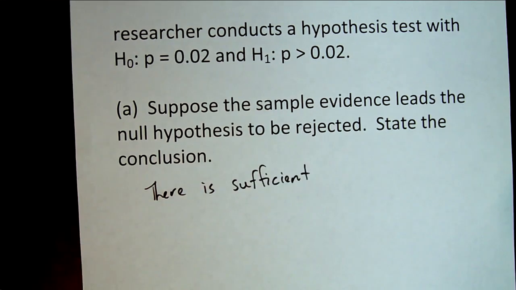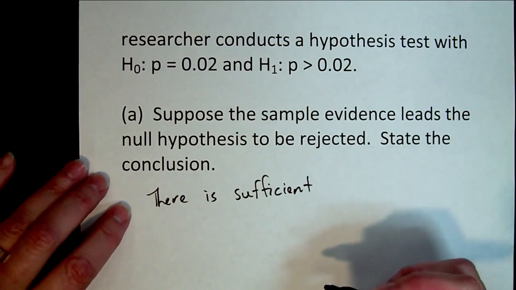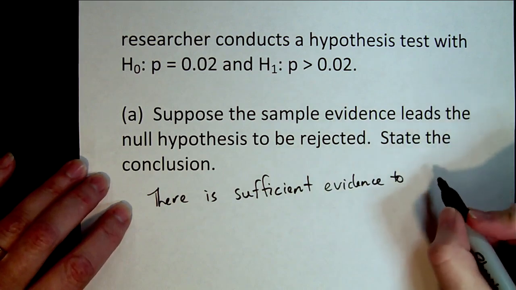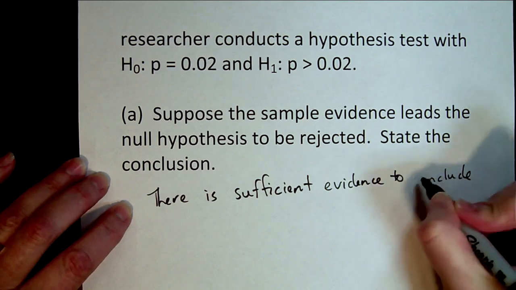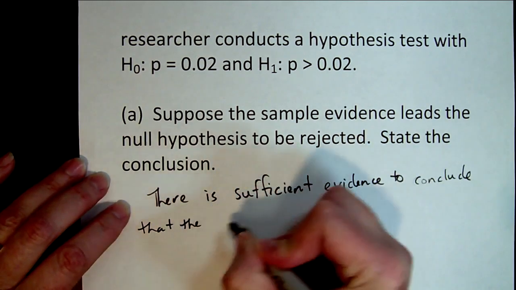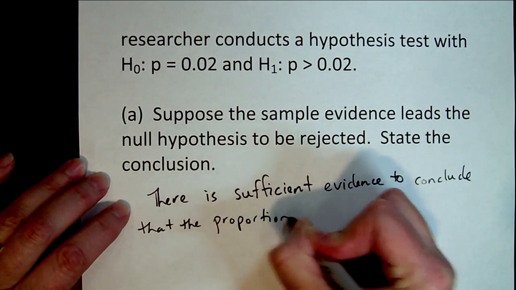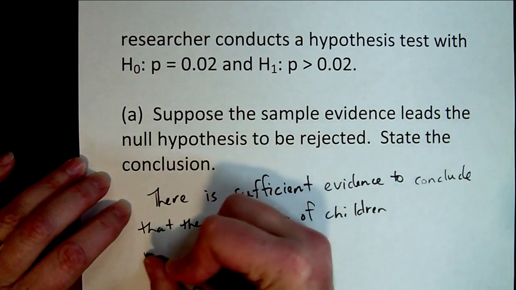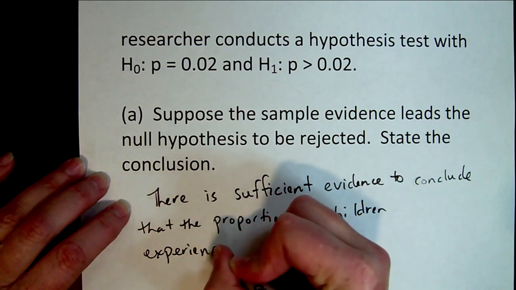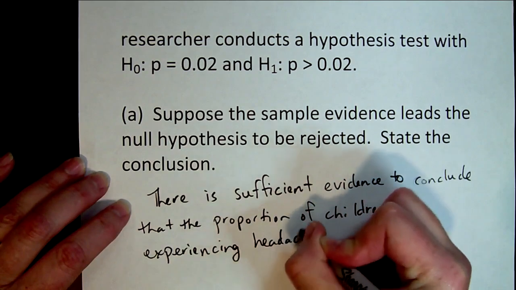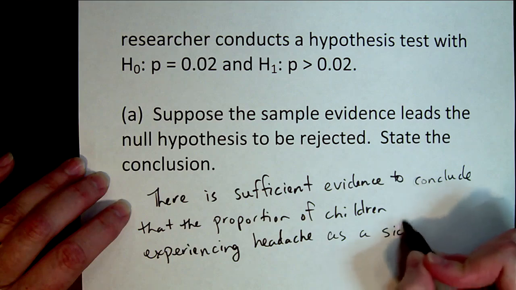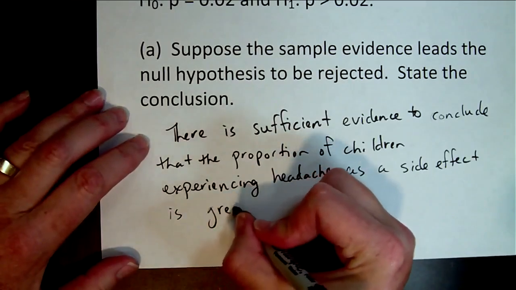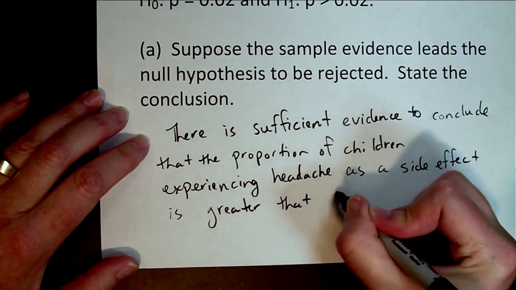We don't really know what's true of the whole population, but we can say that there is sufficient evidence to conclude that the proportion of children experiencing headache as a side effect is greater than 2%.